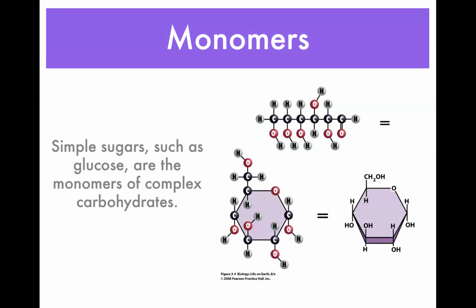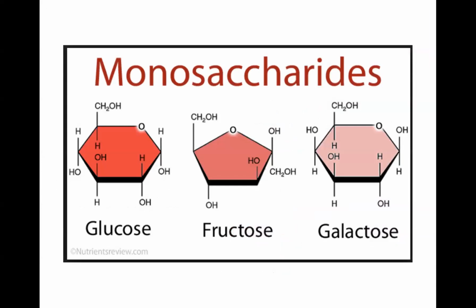The monomers that make up carbohydrates are monosaccharides, right? So you've probably heard of the term simple sugars. An example is glucose. Glucose is the monomer of a lot of the complex carbohydrates that we consume. So this monomer by name is a monosaccharide. You probably have that in your notes already. There are varying types of monosaccharides.